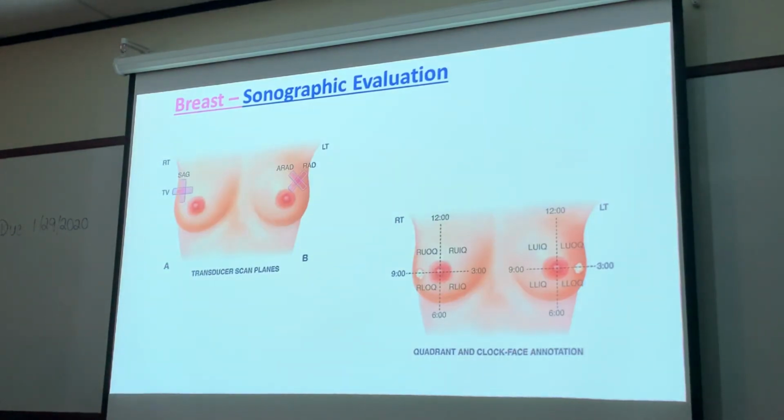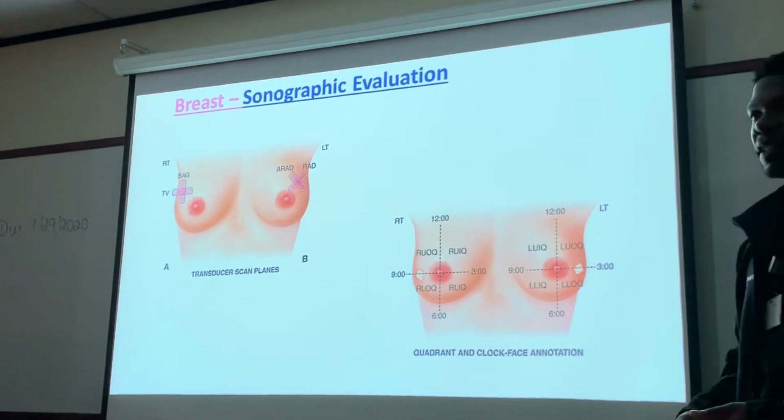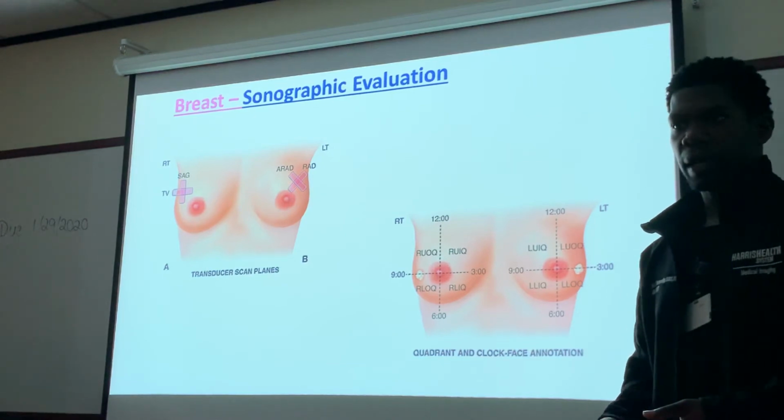Okay, so these are our typical positions right here, guys: transverse and sagittal positions. But you also have radial, meaning that we're going radially around, just like a clock. And then you have what's called anti-radial, which is just 90 degrees to that. Don't forget when you're doing breast, the transducer orientation still has to be correct.